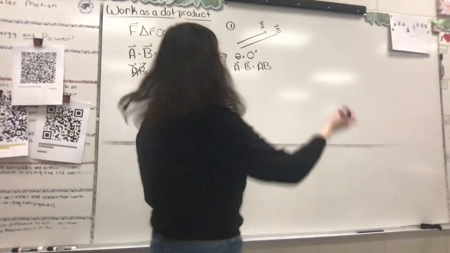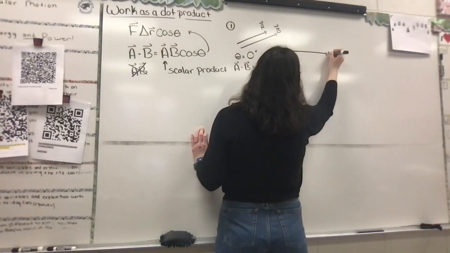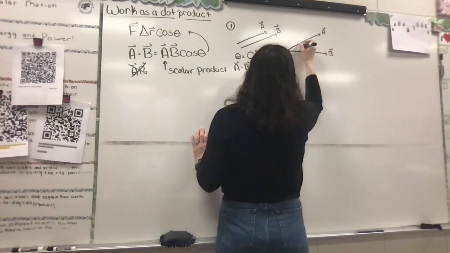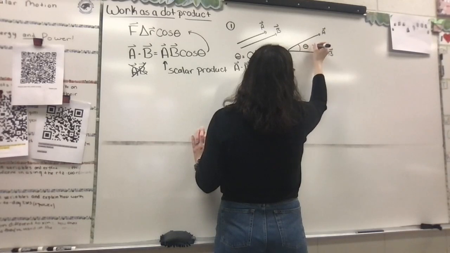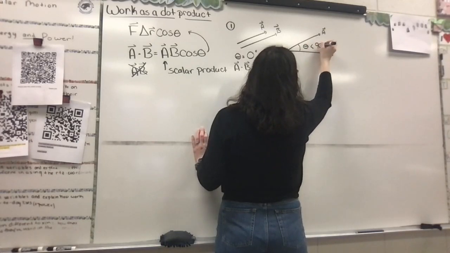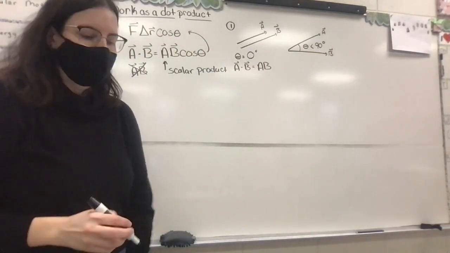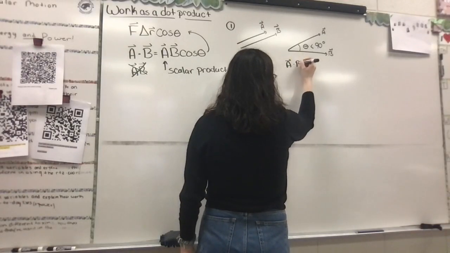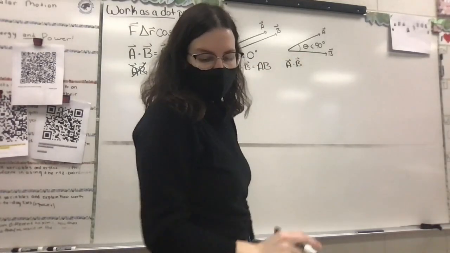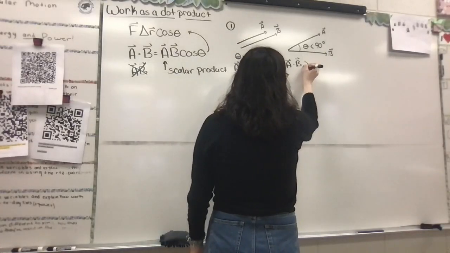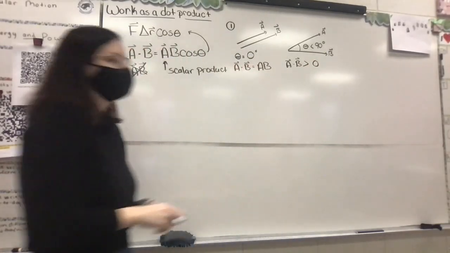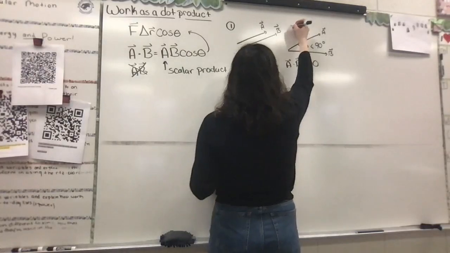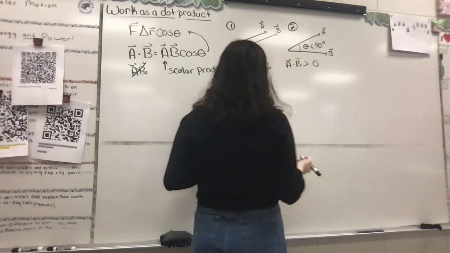The next one is when our vectors are like this. That means that theta is less than 90 degrees. So when theta is less than 90 degrees, our dot product is going to be greater than 0.